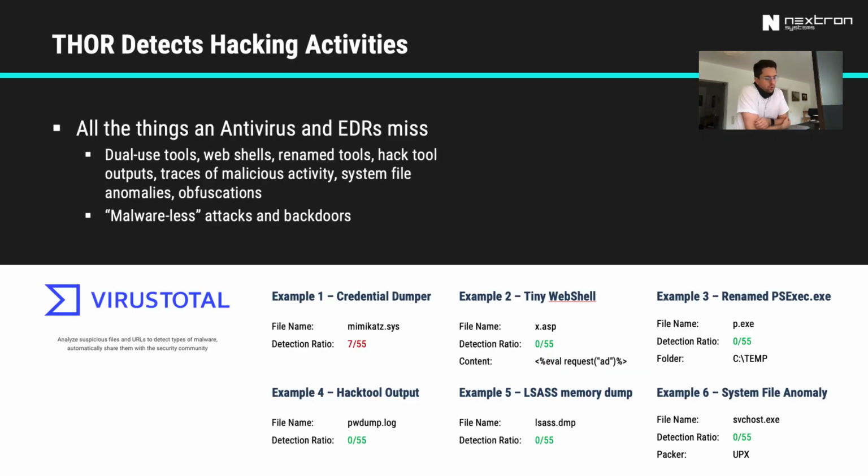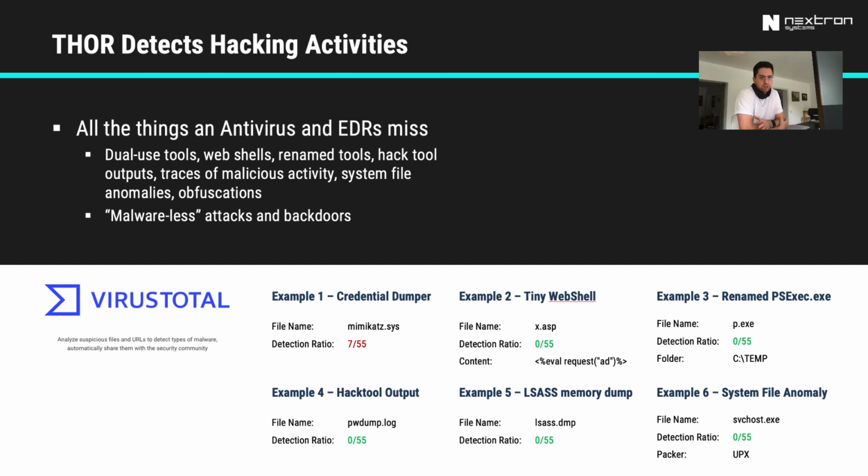So, what is THOR designed to detect? That's what people often ask when we compare it with an antivirus or an EDR. Then I use this slide to explain more what we aim to detect and where our focus is. We are only 17 people now at Nextron, and we have 5 people working in research.